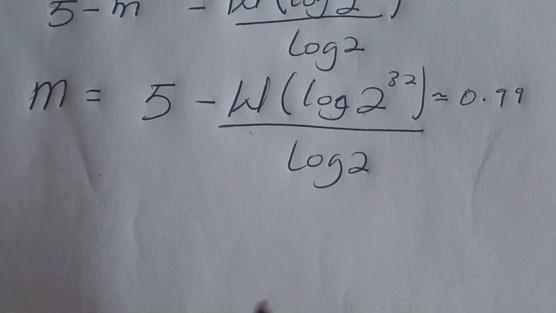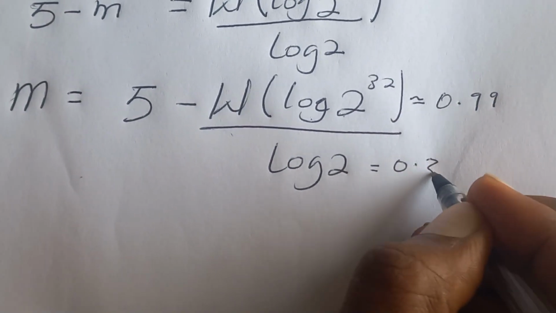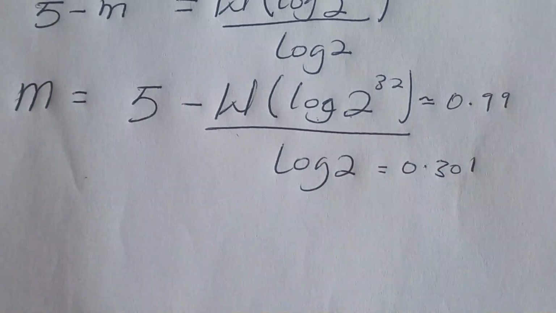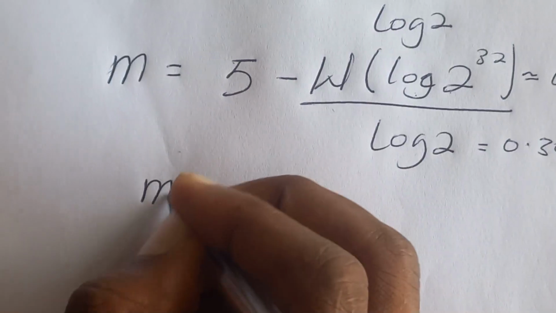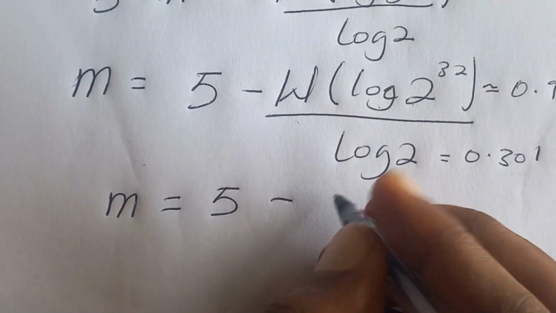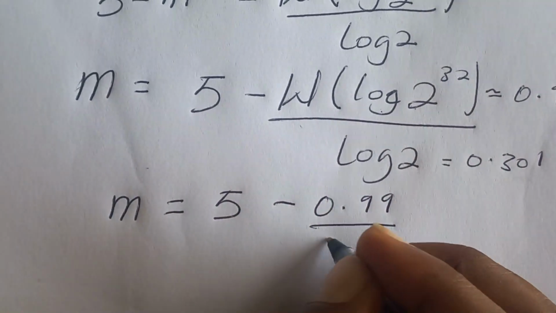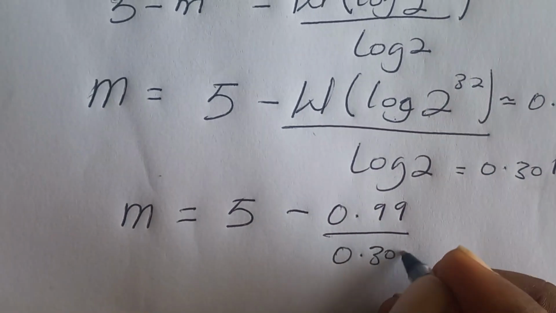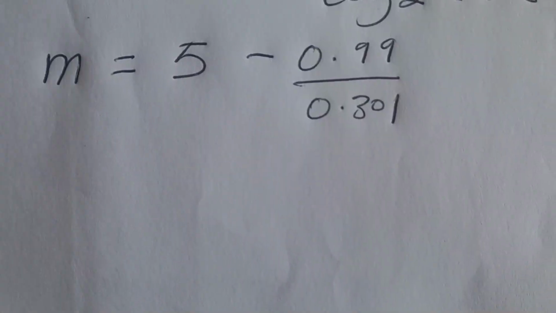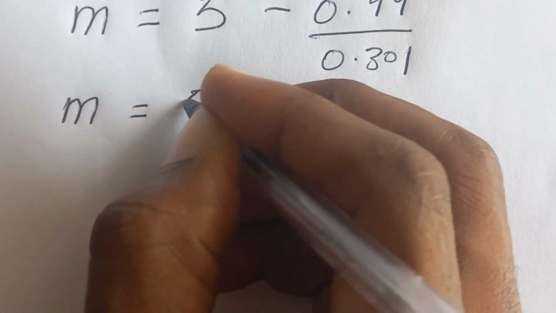And then log 2 is 0.301. So our m is equal to 5 minus 0.99 over 0.301.